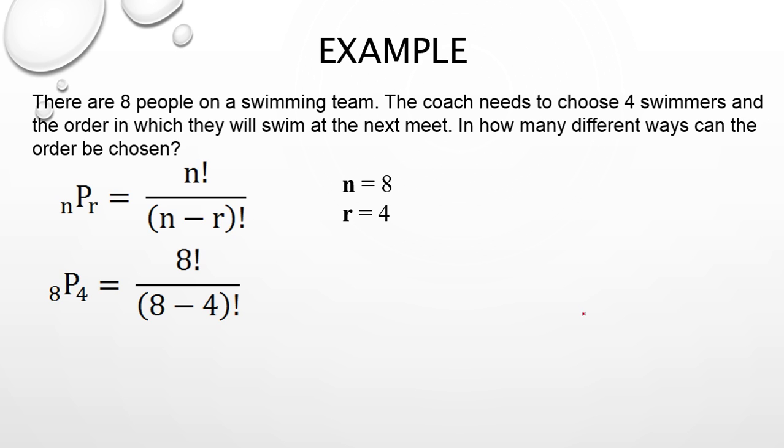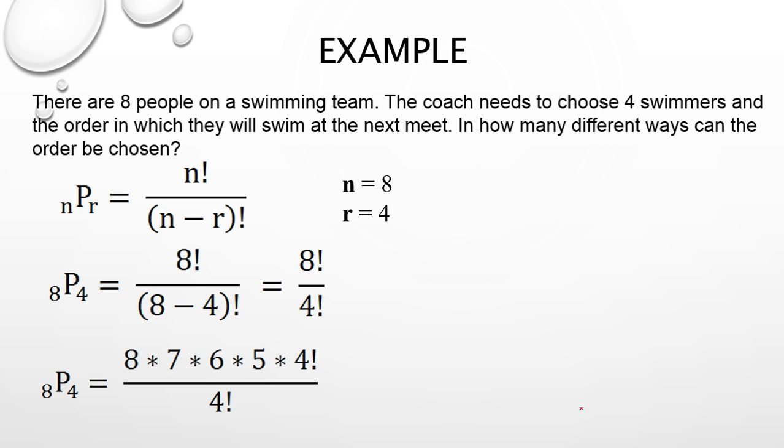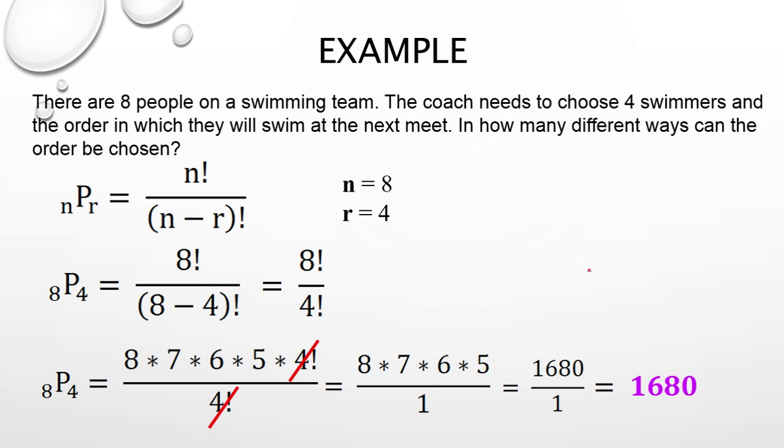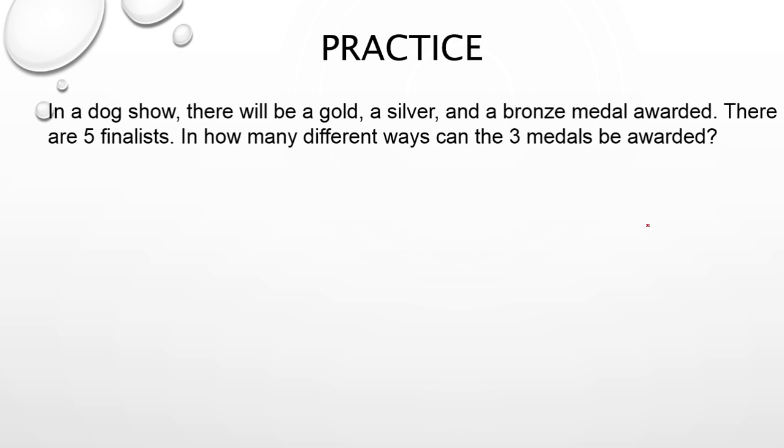That is going to be 8 factorial over 8 minus 4 factorial, which is 8 factorial over 4 factorial. Rewriting it, I did 8 times 7 times 6 times 5 times 4 factorial. We can cross out the 4 factorials, and we get 8 times 7 times 6 times 5. If you plug that into the calculator, you get 1680. That's 1680 different ways the order can be chosen.